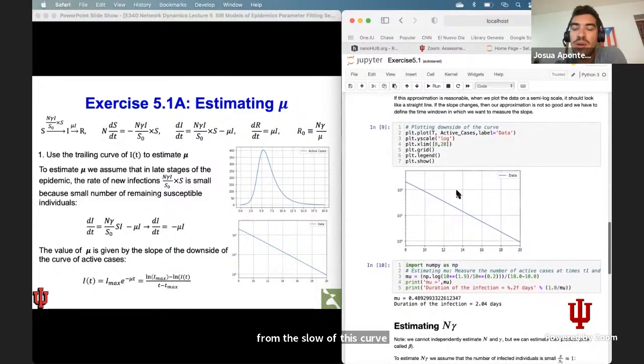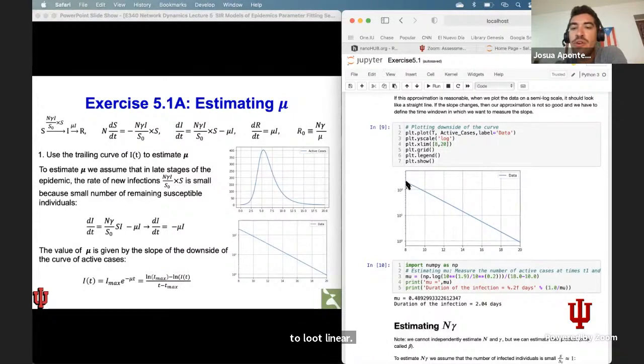To do that, we have to choose at least two points on the curve. When plotted in a semi-log scale, this line has to look linear.